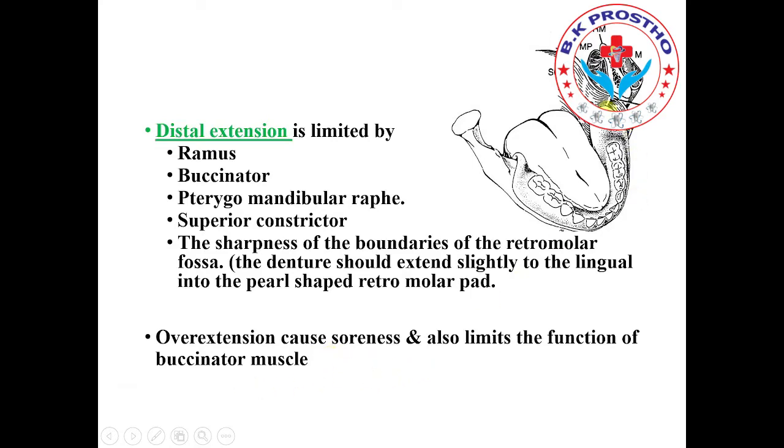The denture should extend up to two-thirds of the retromolar pad, not behind it and not covering the full pad. If you extend the denture to cover the retromolar pad posteriorly, it may affect all these muscles and the pterygomandibular raphe, and the patient will complain of soreness. So the denture should only cover half or two-thirds of the retromolar pad.